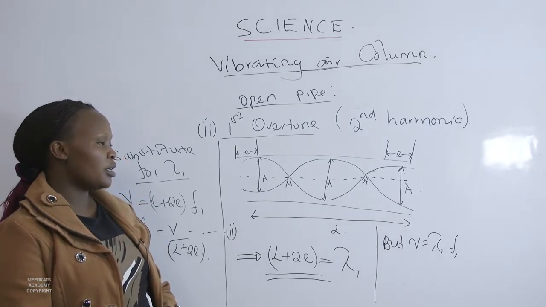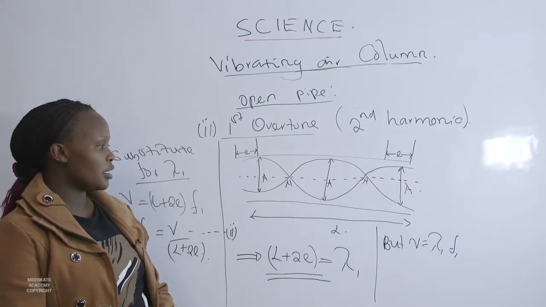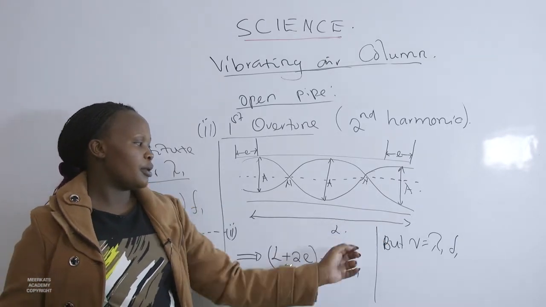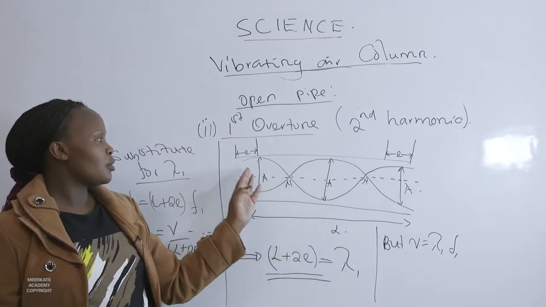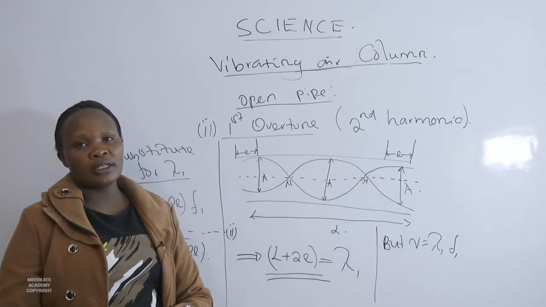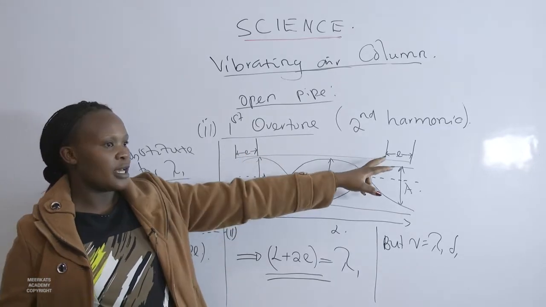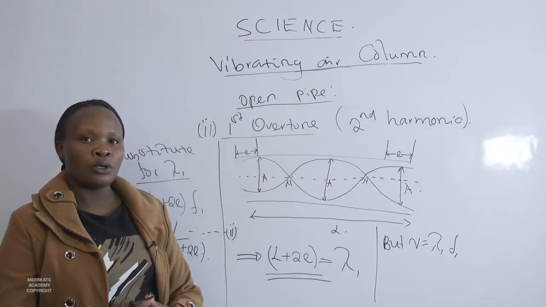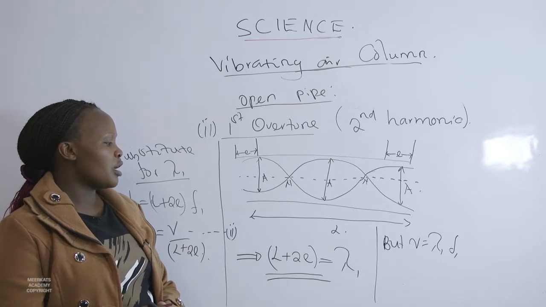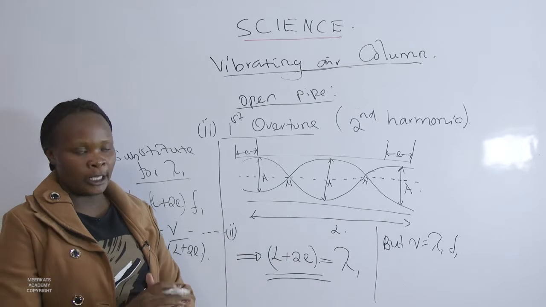The full length of our pipe is L, but the antinodes are achieved before we get to the ends, and for that reason we introduce end corrections on both ends and come up with a full length equal to L plus 2E.